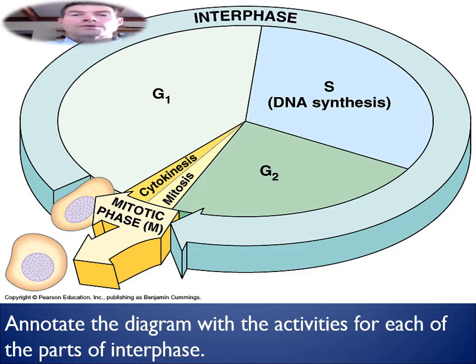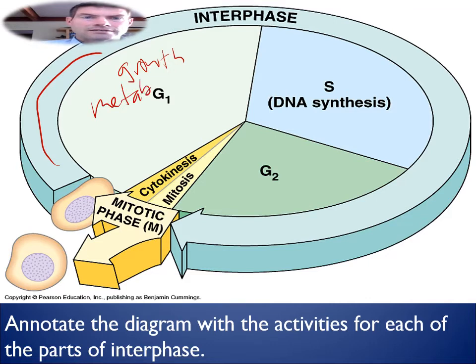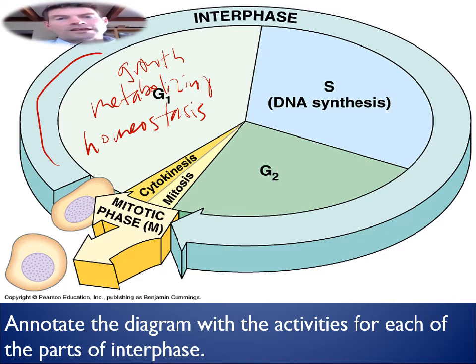So here we have the cell cycle diagram. Most of the time the cell is in interphase, which is all on the outside there. And G1, the cell's just doing its normal thing. It's growing, it's metabolizing, burning energy. It's maintaining homeostasis, like what we saw in the potato, when we put the potato cylinders in the different concentrations of water, seeing where the balance of water is.